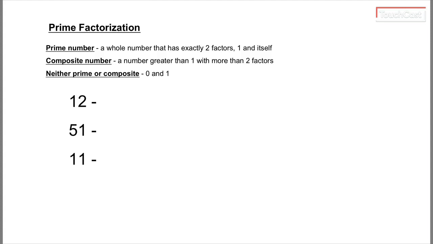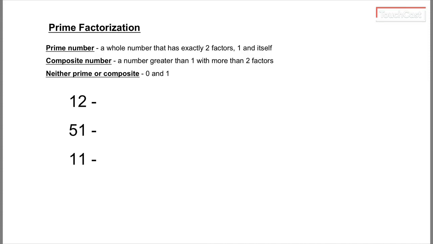These first three examples are asking if the number is prime, composite, or neither. So let's look at the number 12. To determine if a number is prime, we have to ask ourselves, does it have more than two factors? If it does, then it is composite. If it has exactly two factors, then it is prime.